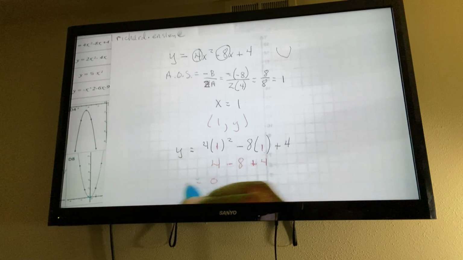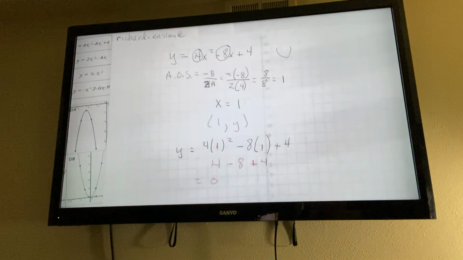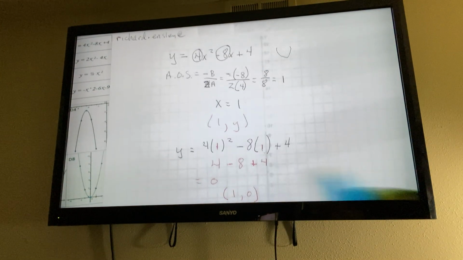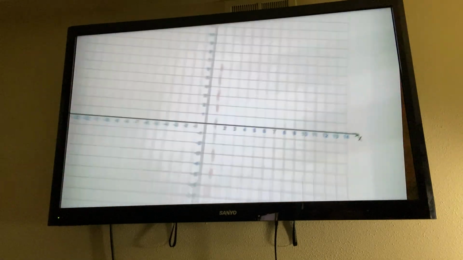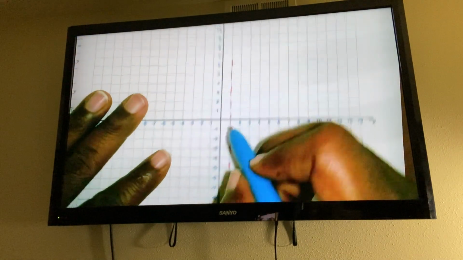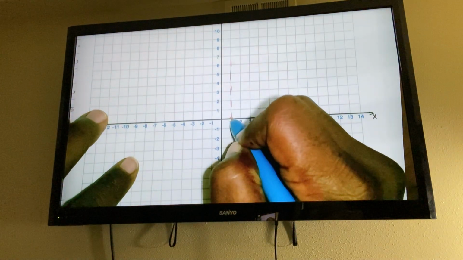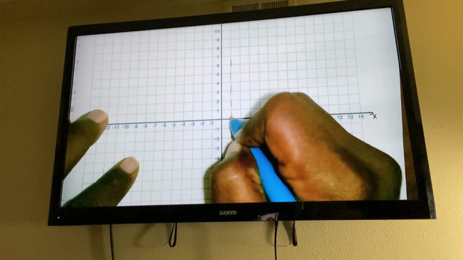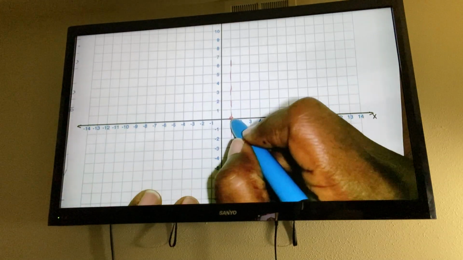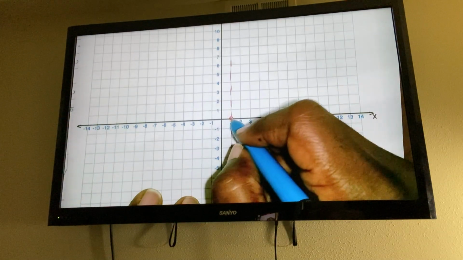Easy one, y equals 0. So we know now that our vertex is at 1, 0. So we flip over, and we know our vertex is right here at 1, 0. We know that it's going up.